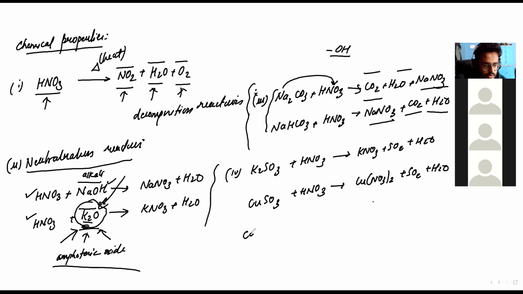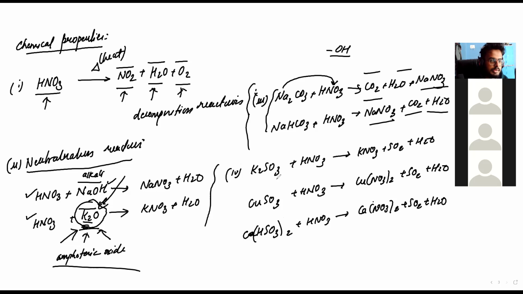Then we have bisulfites, for example calcium bisulfite, Ca(HSO3)2 plus HNO3 gives you Ca(NO3)2 plus SO2 plus H2O.